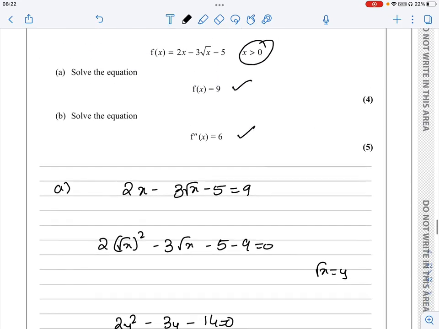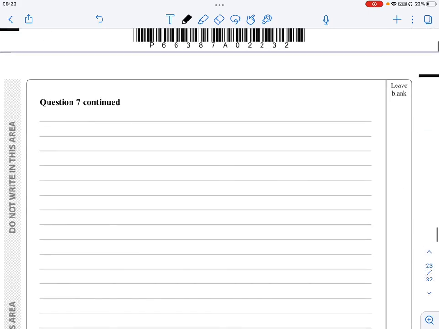Now f double prime x equals 6. f of x equals 2x minus 3 root x minus 5. f prime x equals 2 minus 3 upon 2 square root x.